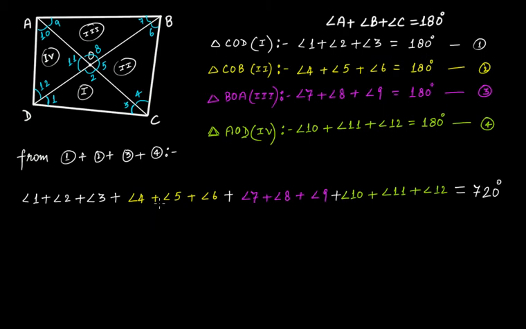Now, look very carefully. Here we have angle 1 and angle 12 together. So angle 1 plus angle 12. Then I'm going to write angle 3 and angle 4 together, angle 3 plus angle 4.